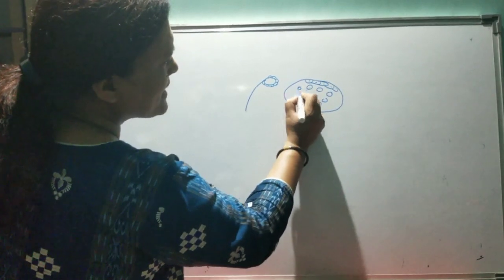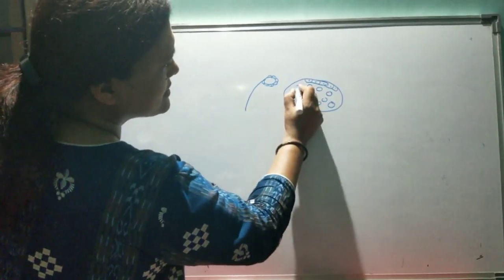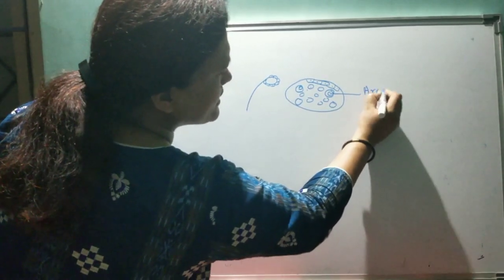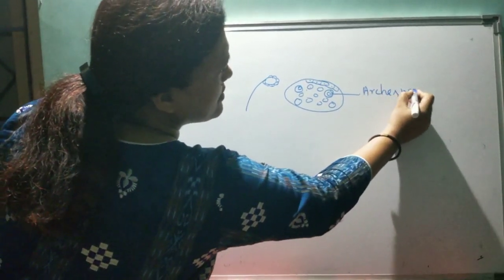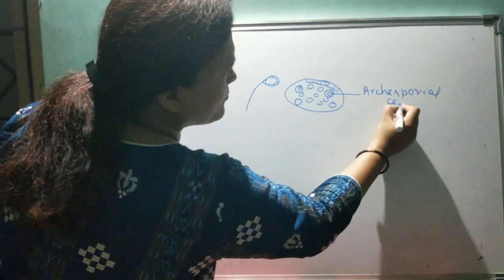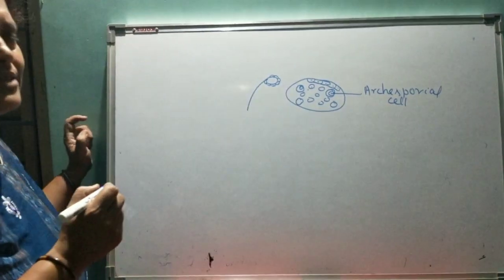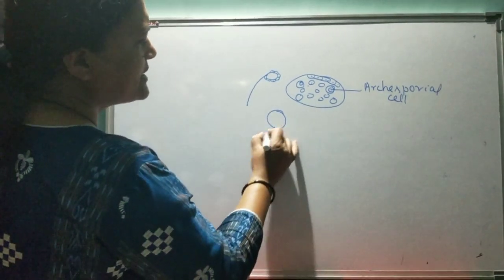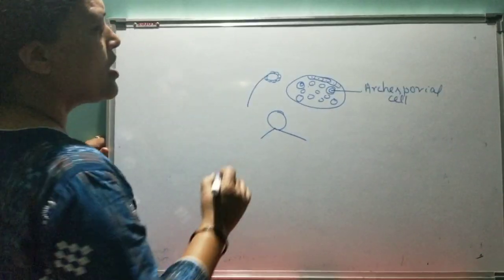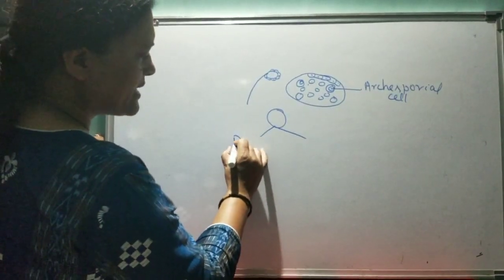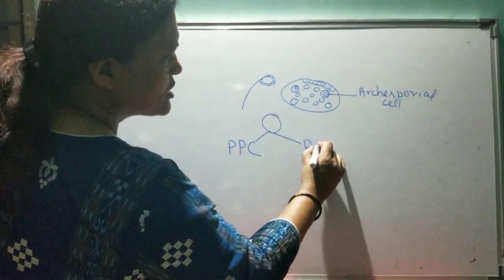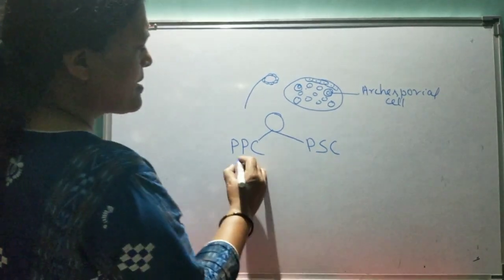Some of the parenchymatous cells on the lateral side develop to form archesporial cells. These archesporial cells divide into 2 types of cells: one is called the primary parietal cell and the other is called the primary sporogenous cell.